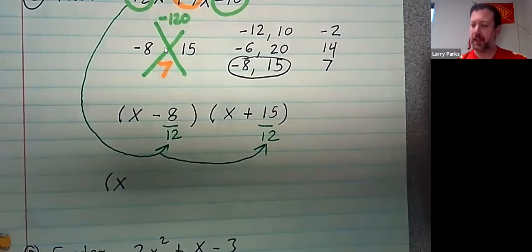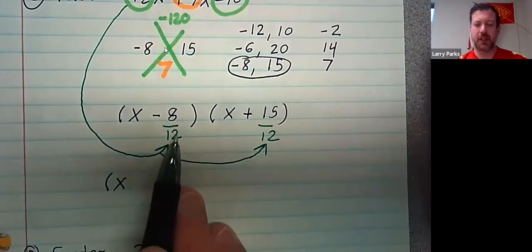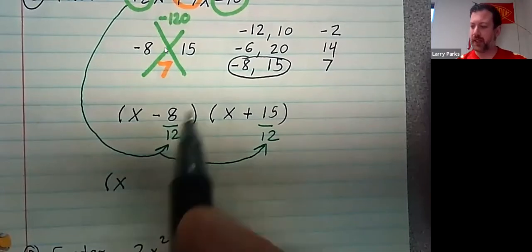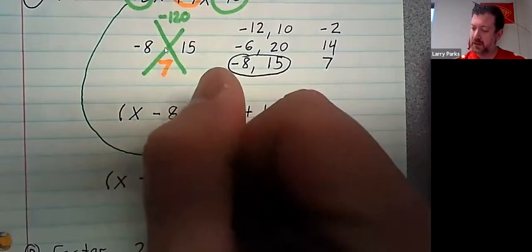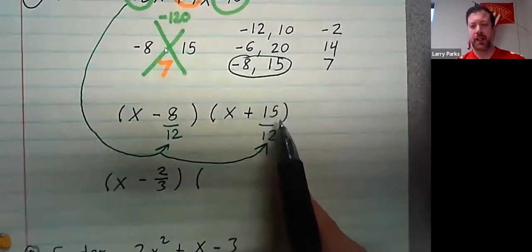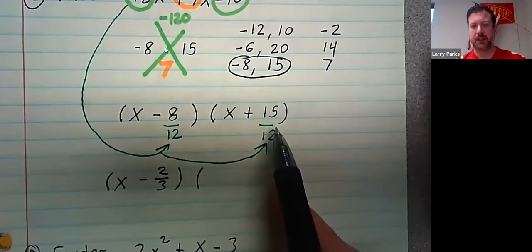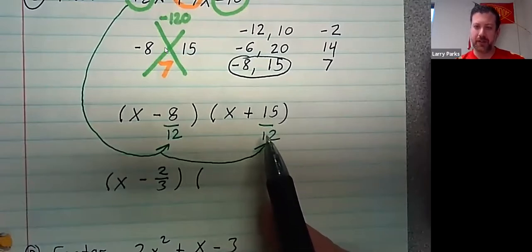So that would be 8 divided by 4 is 2. And then 12 divided by 4 is 3. And then 15 over 12, the GCF of that is 3. So 15 divided by 3 is 5. 12 divided by 3 is 4.